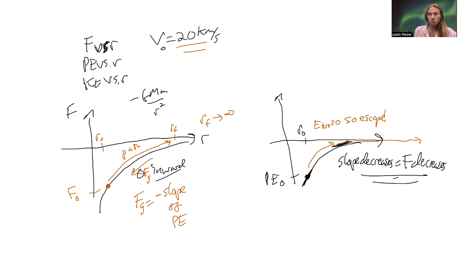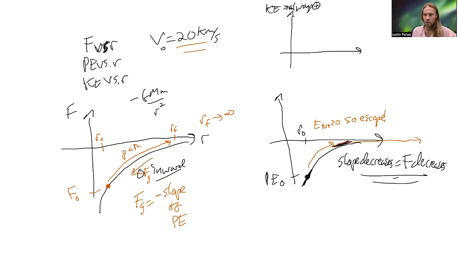So cool. What does kinetic energy look like? Well, kinetic energy looks like this. Let's see if I can fit it in here. Kinetic energy is always positive, which is fun because potential energy for gravity is binding, so it's always negative. There are some potential energies that are positive, but not for gravity, right?